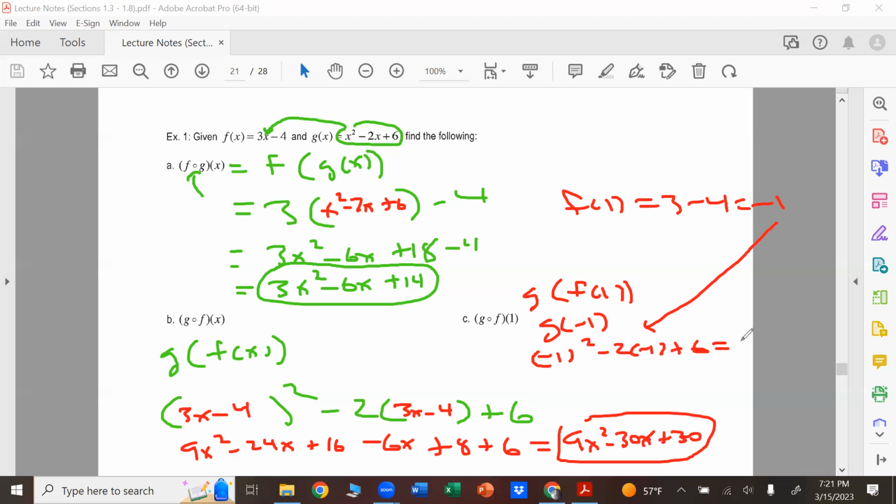That's 1 plus 2 plus 6, which should be 9, I think. Or you could plug into this one right here. Since we worked it out, if you plug in 1, you get 9 minus 30 plus 30, which is still 9. So that's all.